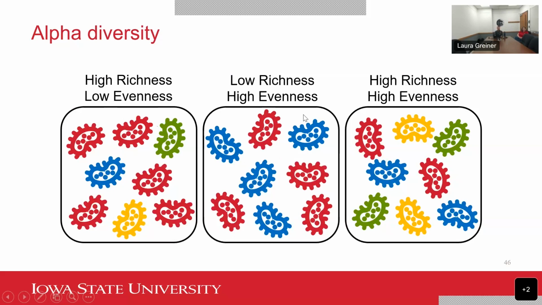Here in the middle, we have a community that is low in richness. There are only 2 different organisms here, red and blue, but high evenness because there are 4 of each organism in the sample. Then on the far right, we have a sample that's high in richness and evenness, where there are 4 organisms all represented at the same abundance.